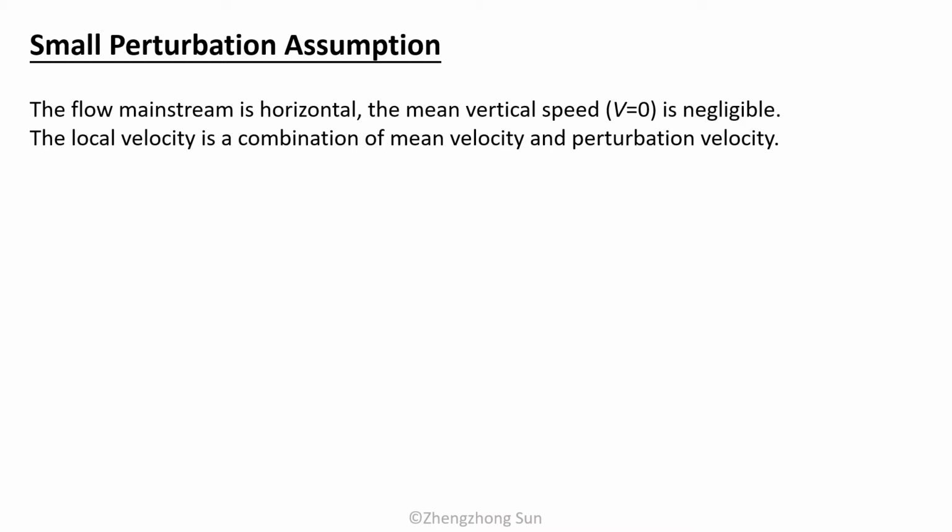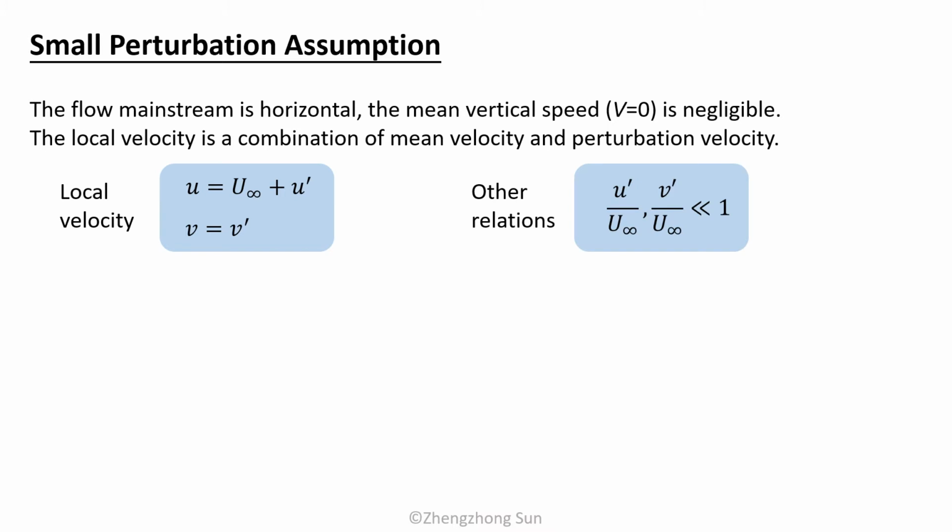The local velocity is a combination of mean velocity and perturbation velocity, so the horizontal velocity is u infinity plus u prime, and the vertical velocity is v prime. Since u prime and v prime are perturbation velocities, they are smaller than the magnitude of u infinity.